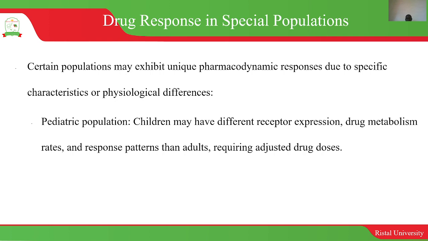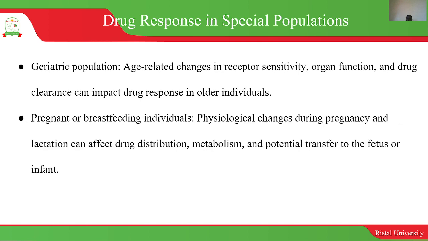Certain populations may exhibit unique pharmacodynamic responses due to specific physiological differences. We have pediatric populations: children have different receptor expression and drug metabolism rates, they have higher metabolism than adults, different response patterns than adults, and require adjusted drug procedures. Geriatric is the elderly.